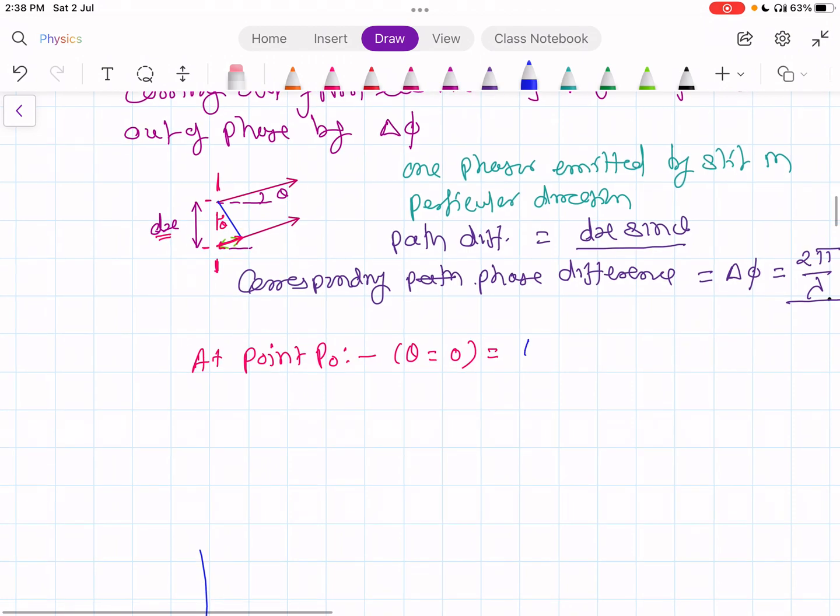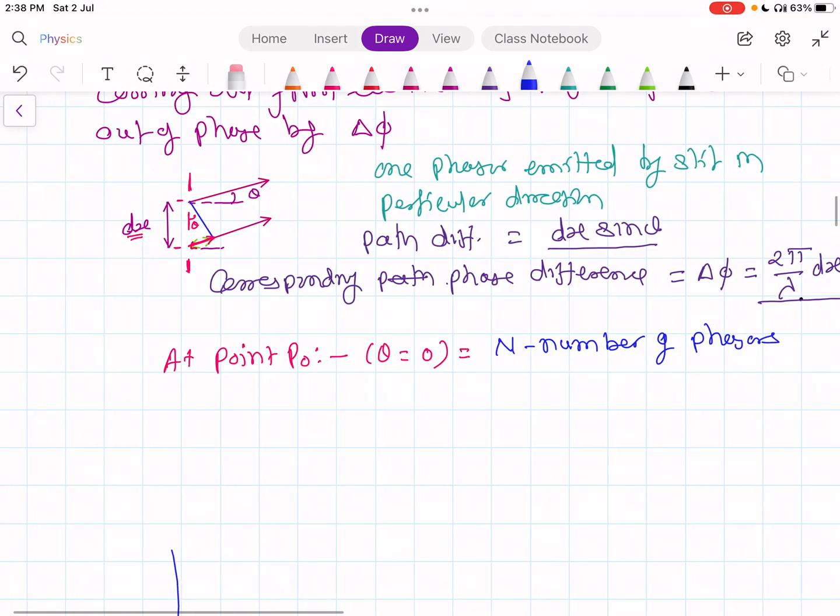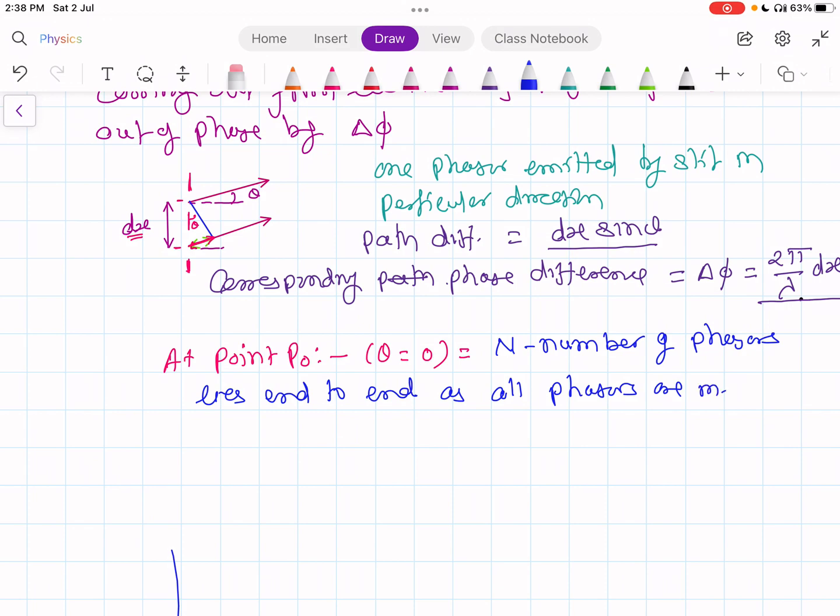So these n phasors lie end to end, as all phasors are meeting in phase, so they have the same phase.